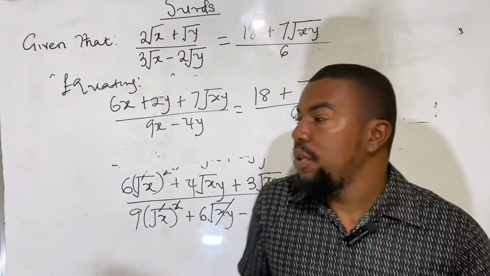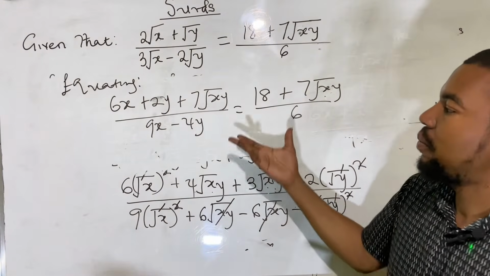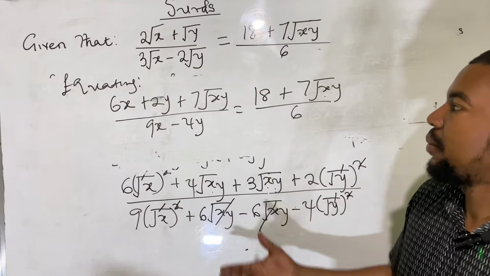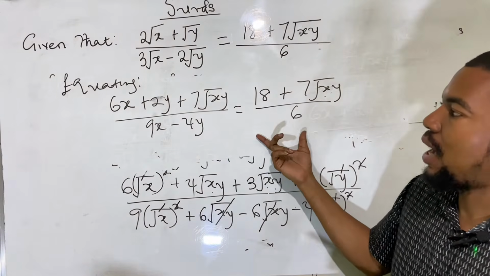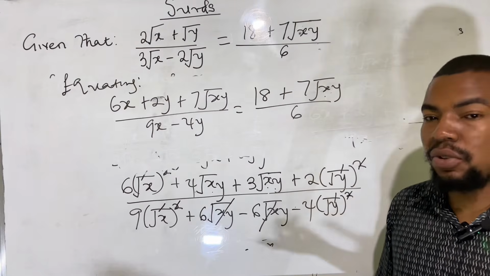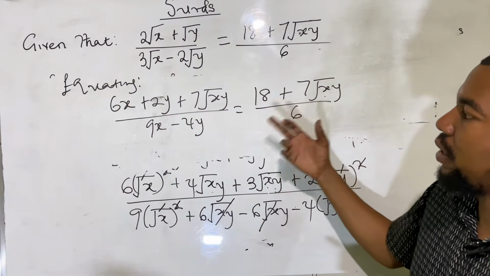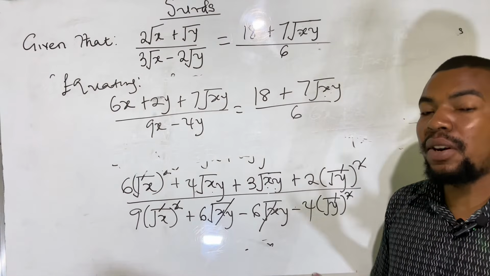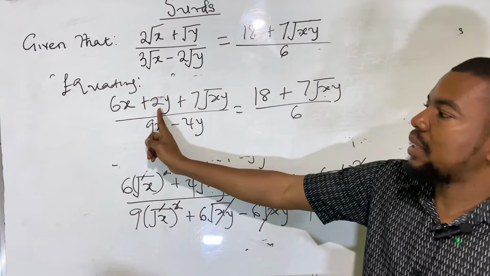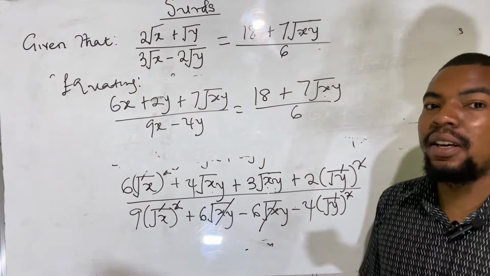Okay, now what do we do at this point? If you look at this, you discover that, logically, this equation has two parts. It has a rational and irrational parts. You can see 7 root xy and 7 root xy. These are the irrational parts, while 6x plus 2y and 18, these ones are actually rational.